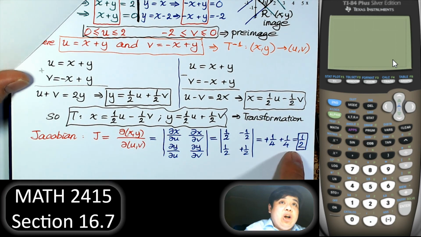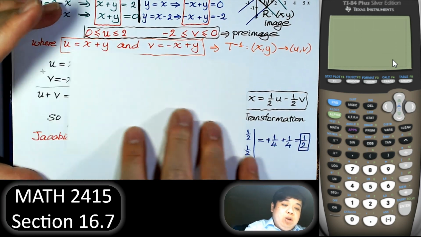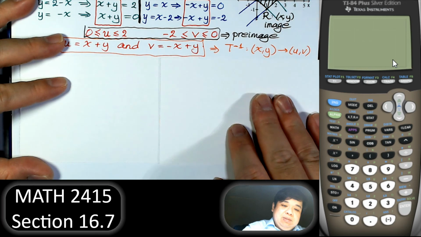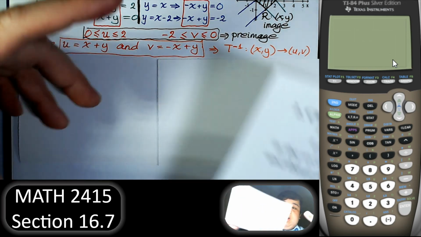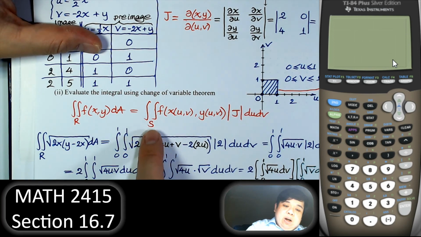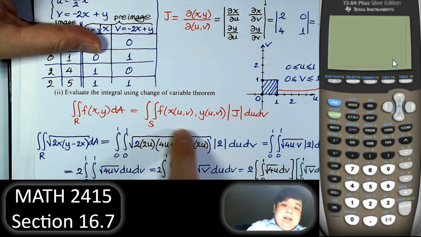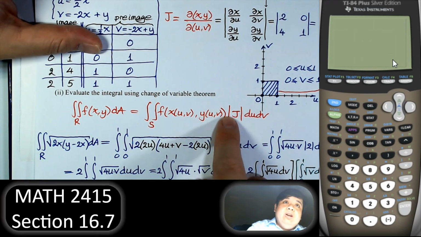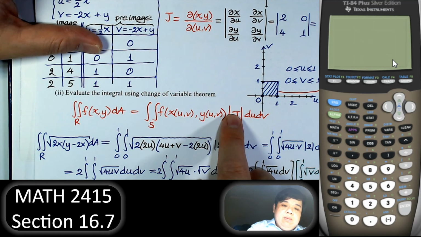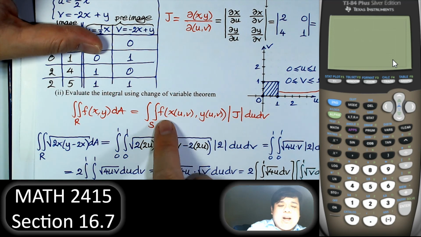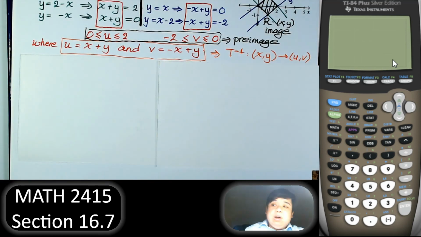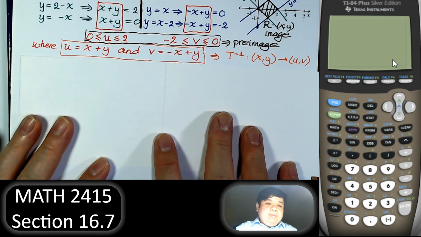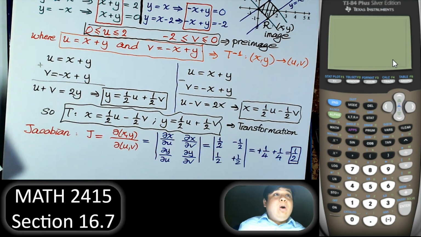If we can get the Jacobian somehow, we don't have to do any of this. Because after all, in the change of variables theorem, we have the limits for u and v, and then we know the Jacobian. It's nice to have the transformation, but we don't have to. Right. So that was nice and all. That's one way to do it.